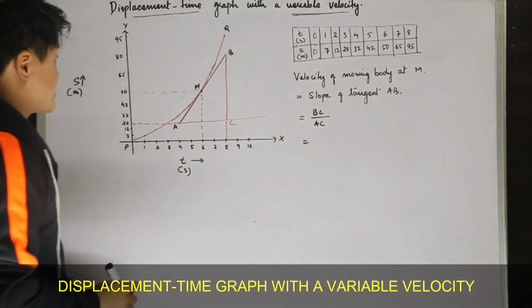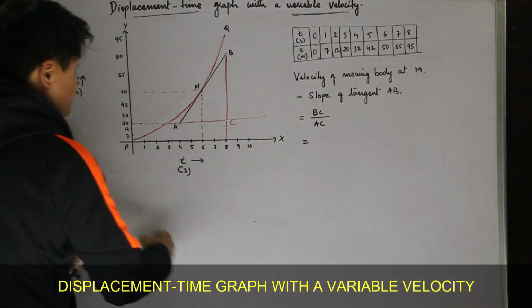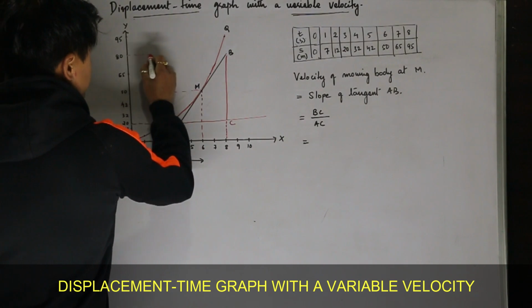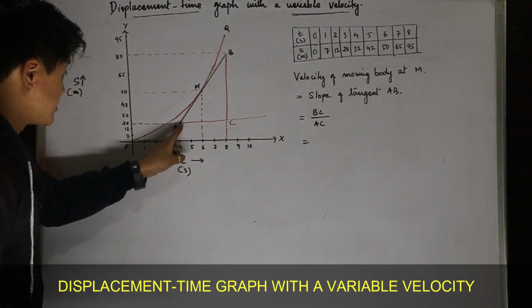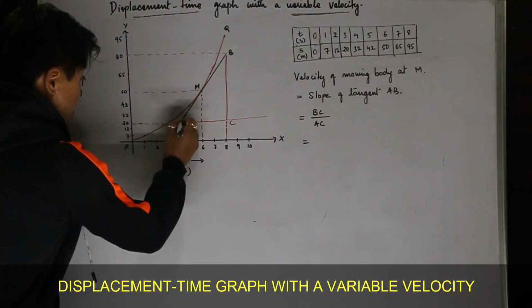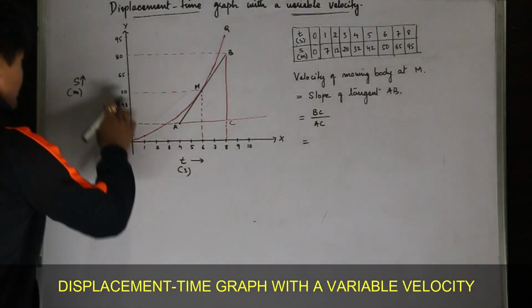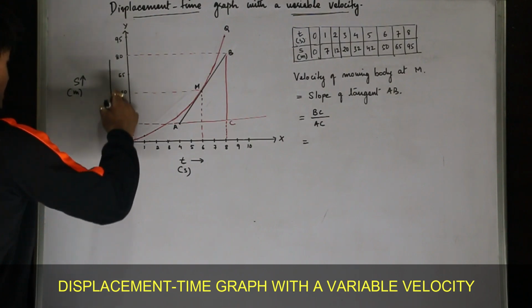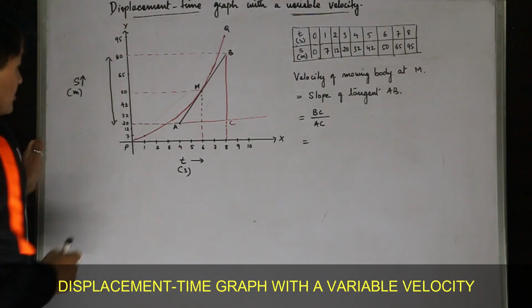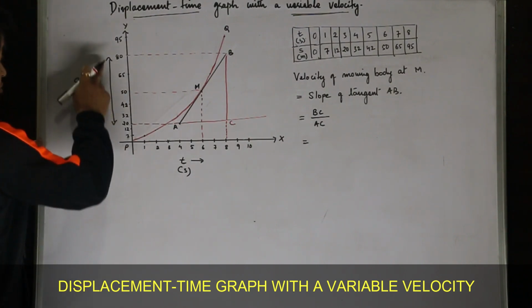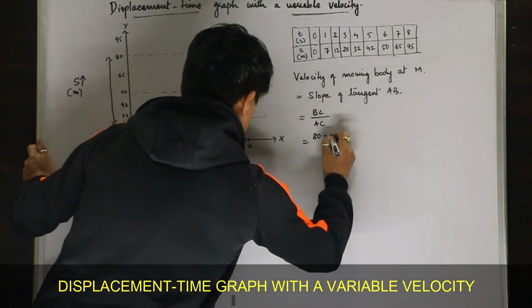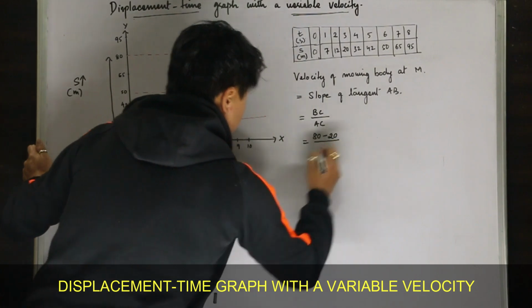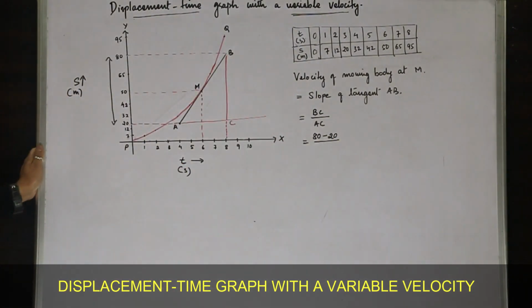In BC, how much is the displacement? Let's see here. The initial displacement at point A is 20, and the final displacement is 80, from this point to this point. So here it will be 80 minus 20 divided by time.